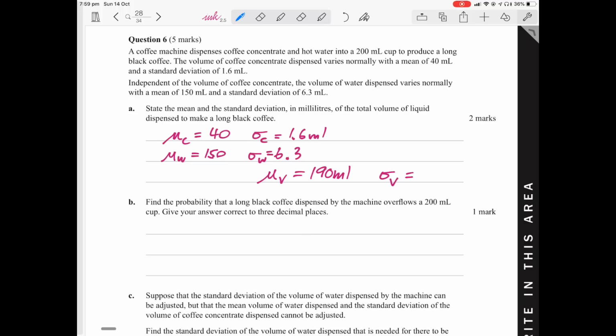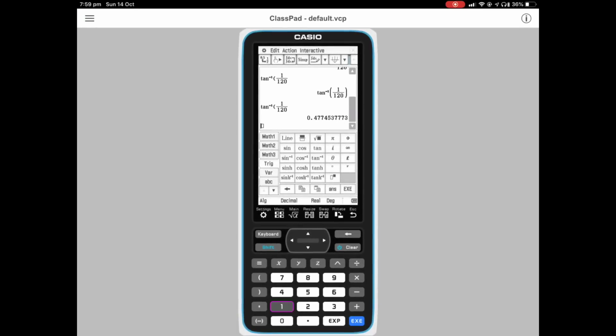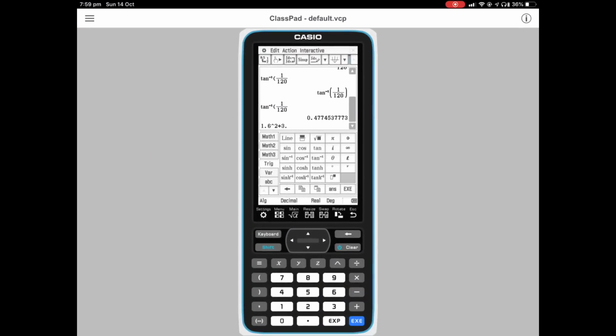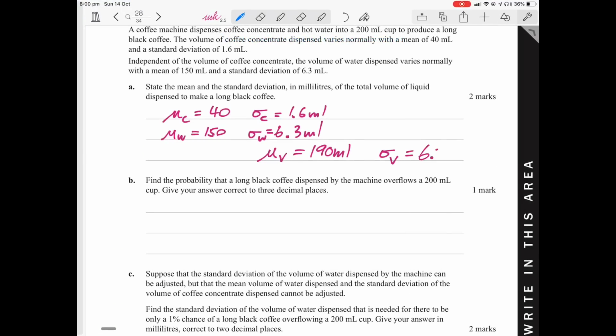So we've got 1.6 squared plus 6.3 squared, and then square root it. 6.3, dyslexic. 6.3 squared, square rooted. 6.5 ml, so 6.5 ml.